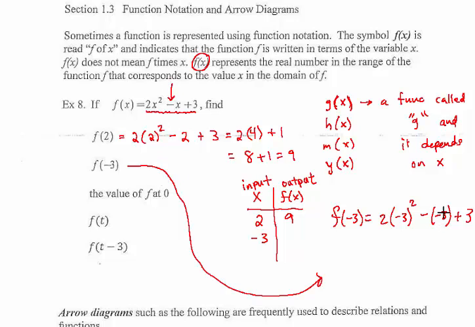Alright, this second minus was a part of the x that we were given. Okay, it was a part of the number that we're substituting in. So we end up with this minus minus situation here. Negative 3 squared is a positive 9. Minus negative 3 is a plus 3. And then we add 3 more. And we end up with an 18 plus a 6, which is a 24. So, for our function, our input was negative 3 and our output was 24.